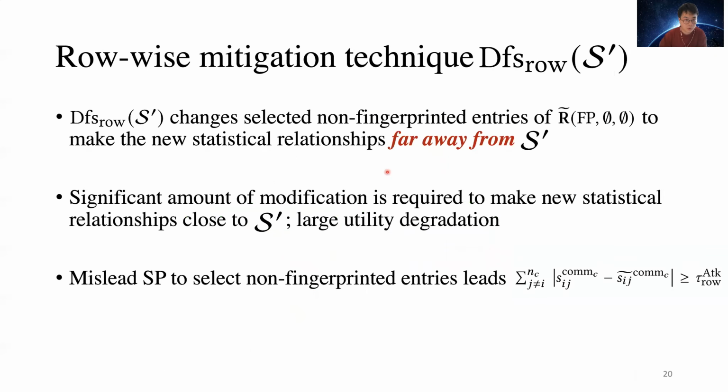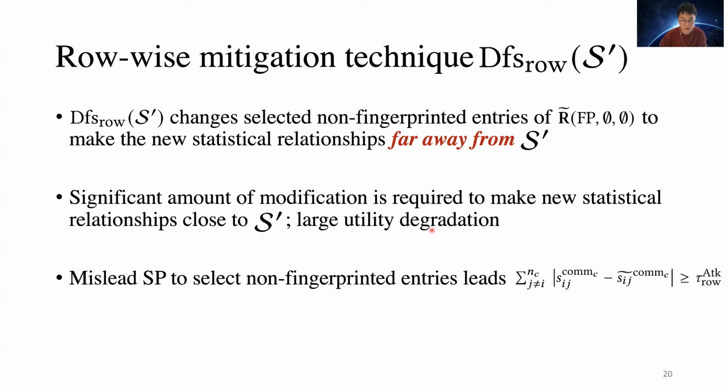In the row-wise mitigation, we need to make sure that after the mitigation, the statistical relationships of the new database are far away from the prior knowledge. We want to make it far away from the prior knowledge because we want to avoid large utility degradation.